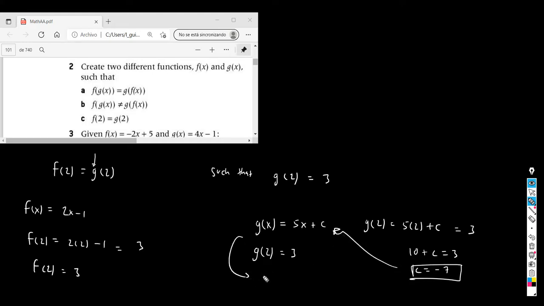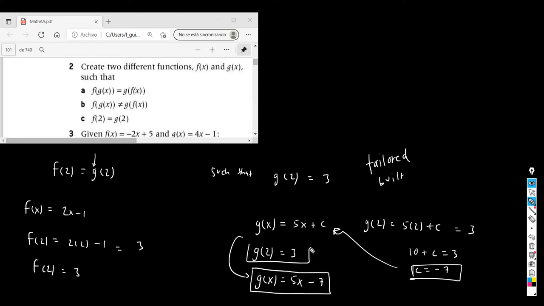Okay, after you do that, g of x equals 5x minus 7. That's it. Basically I built this function to have this specific property by leaving this constant unknown for a short period of time.